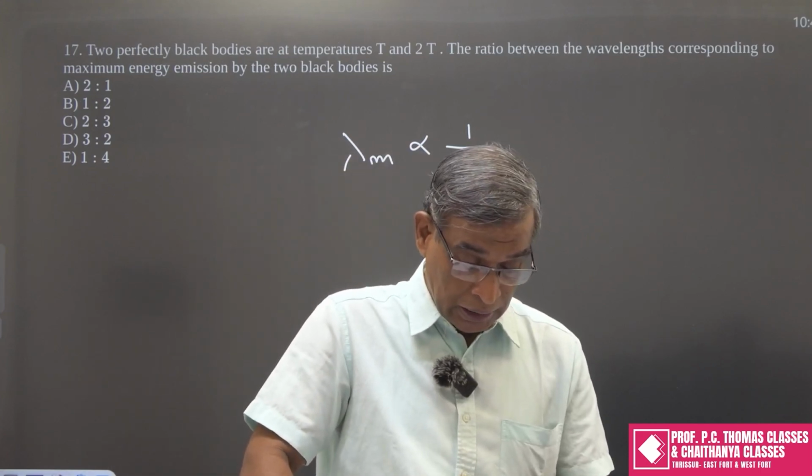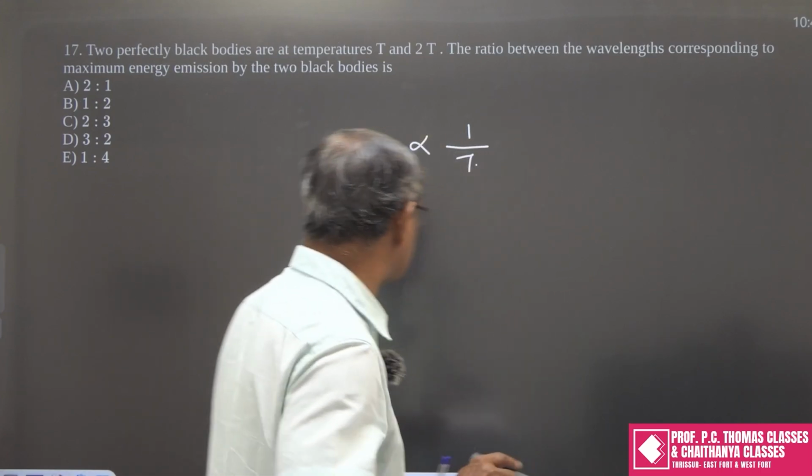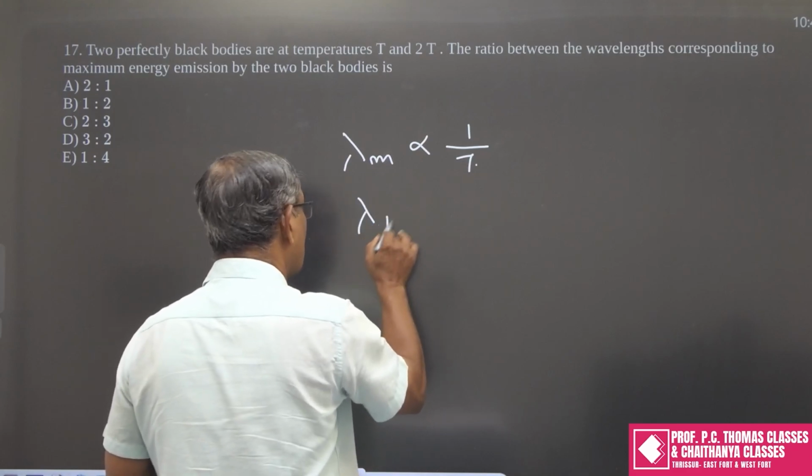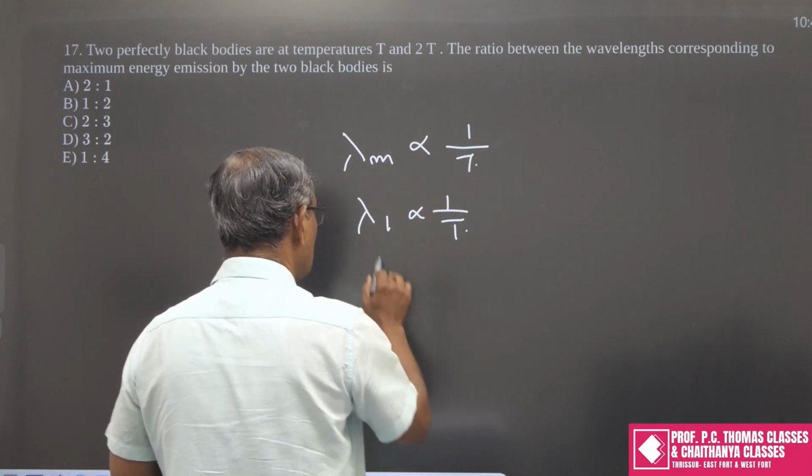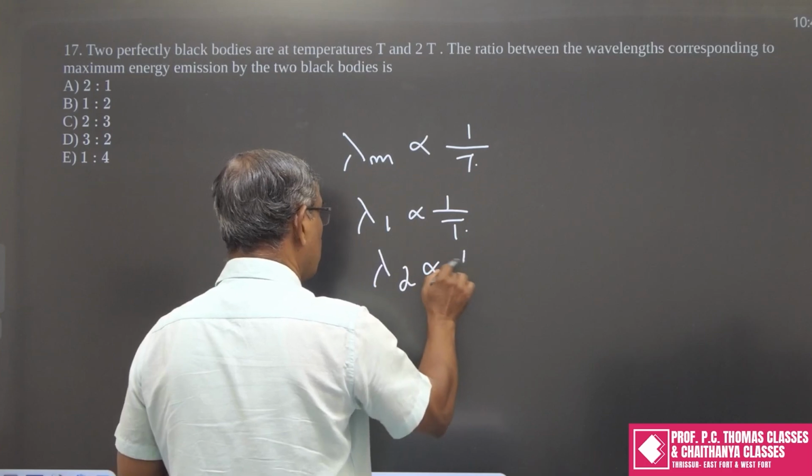This is Wien displacement law. Here, for the two bodies, in the first case lambda 1 is proportional to 1 by T, and lambda 2 is proportional to 1 by 2T.